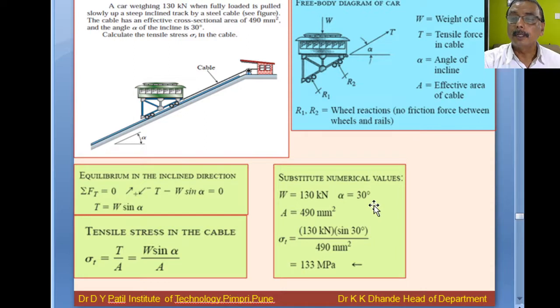Alpha is 30 degrees. Cross-sectional area is 490 mm square, as mentioned in the numerical. So we only have to put in the values. Sigma T is equal to 130 into sine 30 divided by 490 mm square. You have to convert 130 into 130 times 10 raised to power 3. So you will get the answer, 133 megapascal. The tensile stress induced in the wire cable is 133 megapascal.